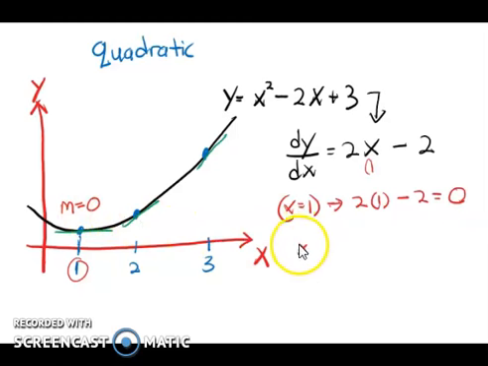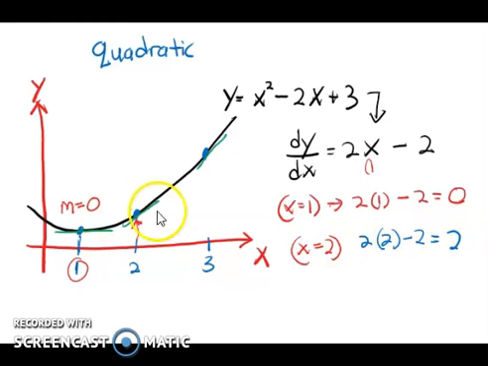Now we substitute x equals 2 to find the gradient here. So we substitute the 2 at the x there. We have 2 times 2, and we minus 2. This is 4 minus 2, we'll be getting 2 as the answer. So the gradient here has increased from 0 to 2.